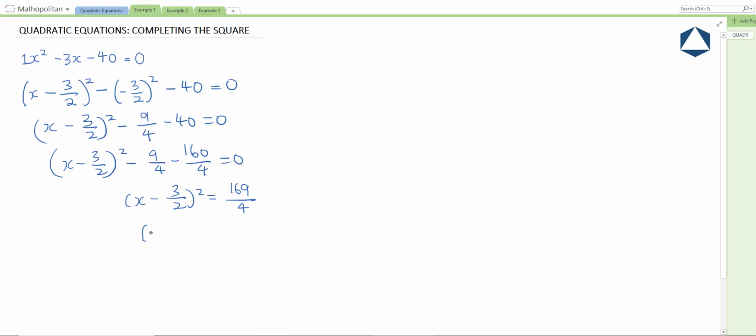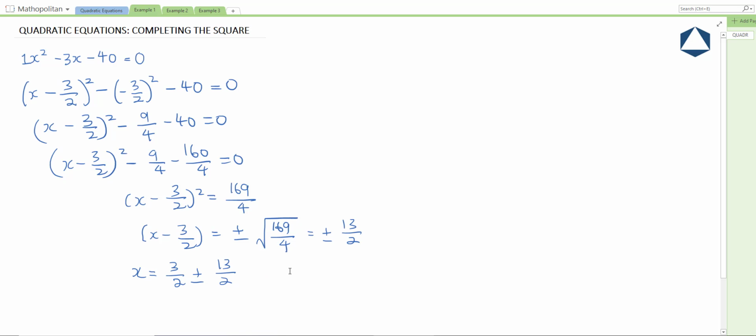And then taking the square root on both sides, that would be plus minus square root of 169 over 4, which is equal to 13 over 2. So x will then take on two values. So there will be x equals 3 over 2 plus minus 13 over 2.